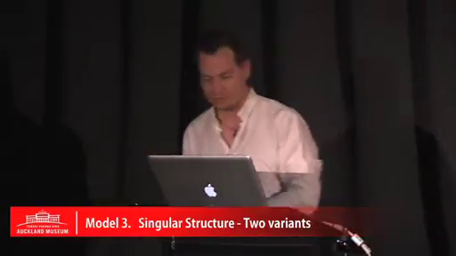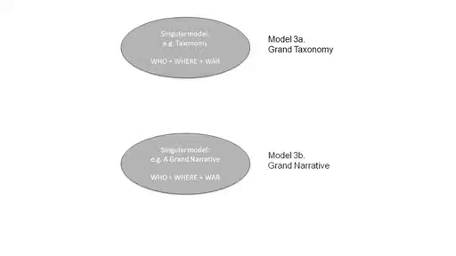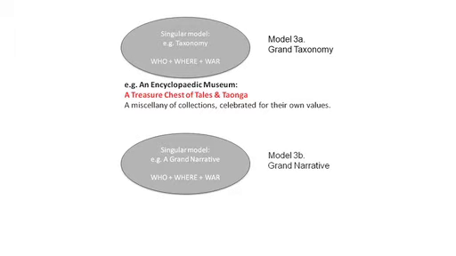So, model 3, which was the grand unifying theory, and again, 2 variants of this. The first of those, if we remember back to what we said about the Met, was a taxonomy. So that's who plus where plus war, and that could be effectively like an encyclopedic museum.